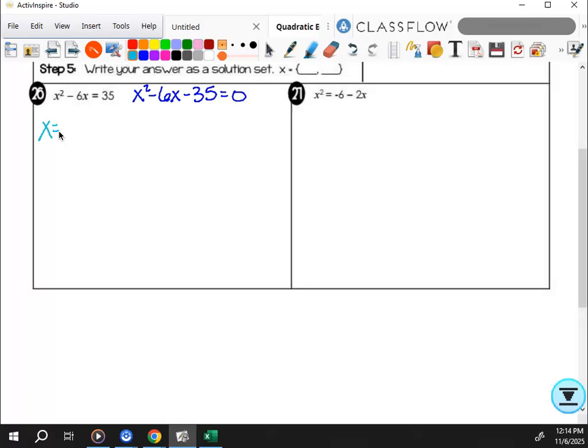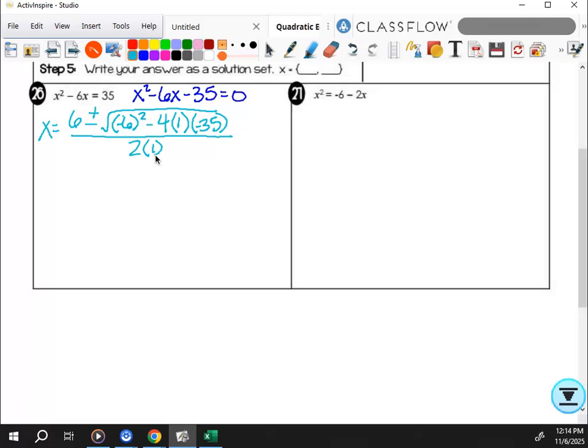So b is negative 6, so that makes that a positive 6, plus or minus the square root of b, which is negative 6 squared, minus 4 times a, which is 1, times c, which is a negative 35, all over 2a, which is 2 times 1.